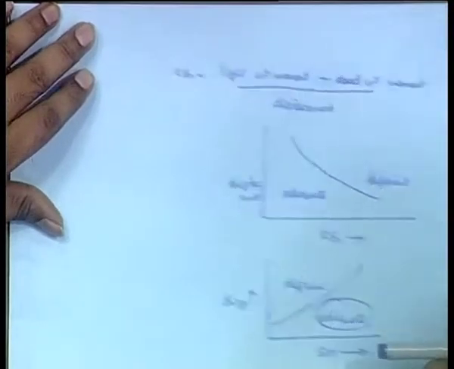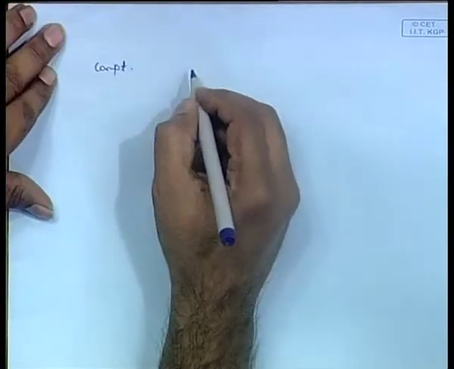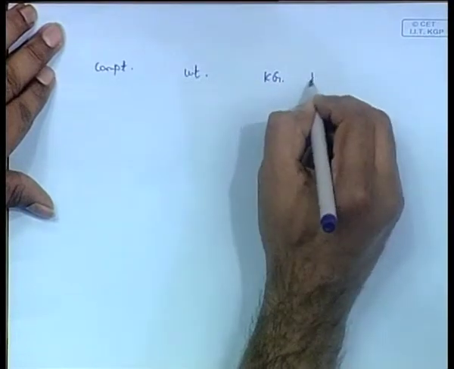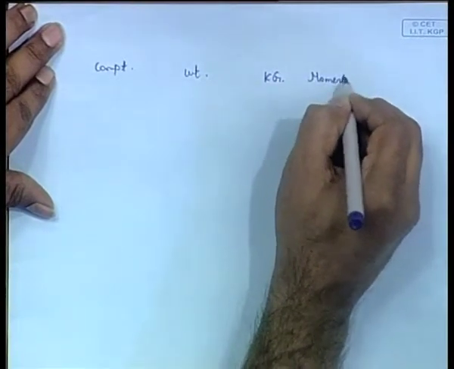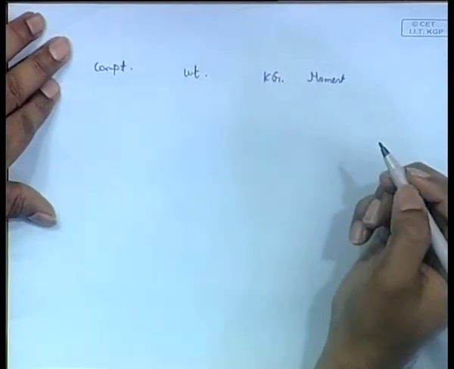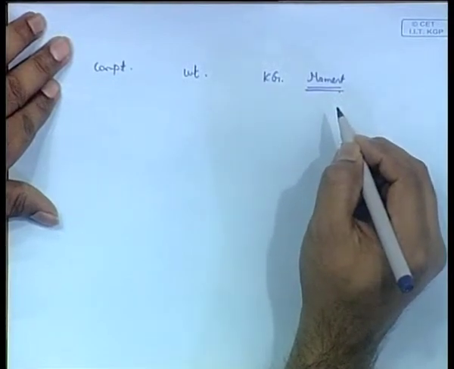In such a problem, let us write this compartment, then weight, then KG, and the moment. This moment is actually giving your dead weight moment.